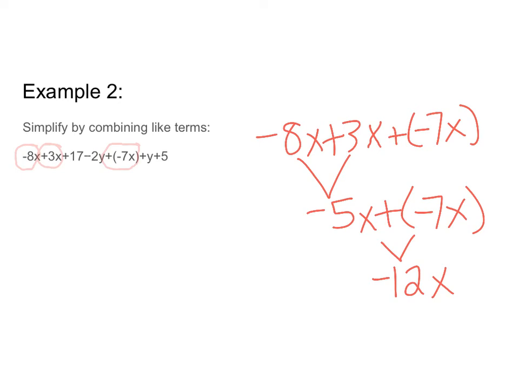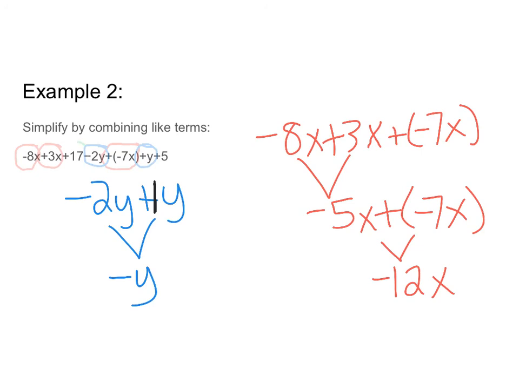Now I'll do the y's. So I've got two y terms. I've got a negative 2y and just a 1y. So these are going to combine to a negative y. Because remember, this is just a 1y. So this is really saying negative 2 plus 1 gives me a negative y.